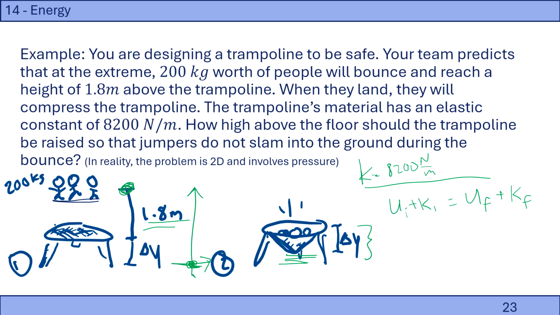Look at that as at the top before they fall, and at the end when they're at the very bottom, it's actually going to be zero both times. The kinetic energy will be zero, but we're going to have two types of energies to contend with: the initial spring potential energy, and the initial gravitational potential energy, as well as the final.